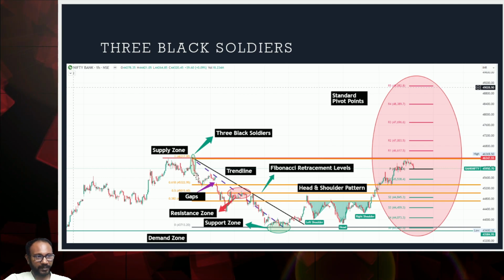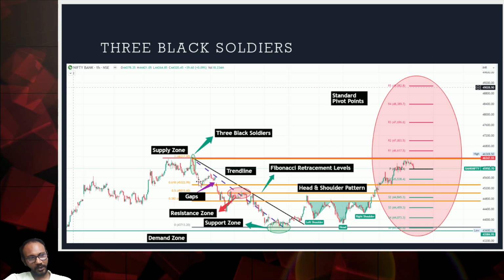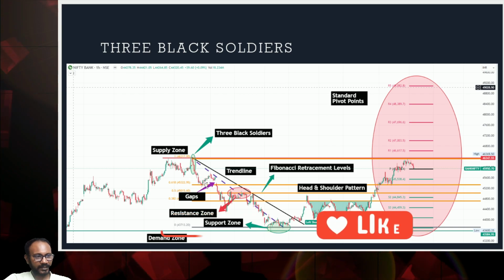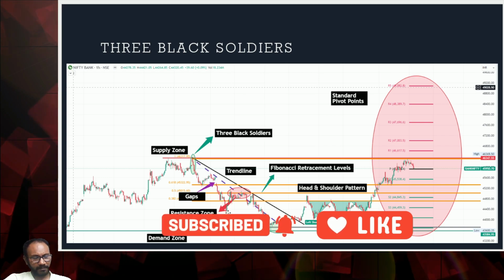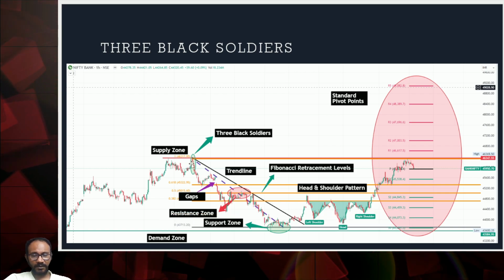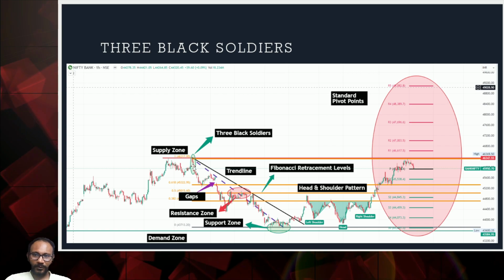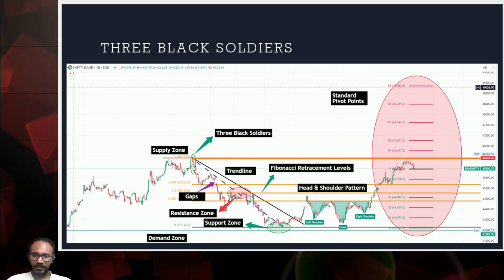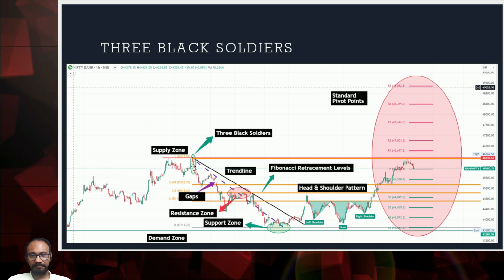Each one is making newer lows, and then it's continuing to make a strong breakout on the downside, and the trend continued. In fact, it is this trend which gave a small retracement and then brought the market all the way down, right? And these 3 subsequent red candles, each one making newer lows, are called three black soldiers.